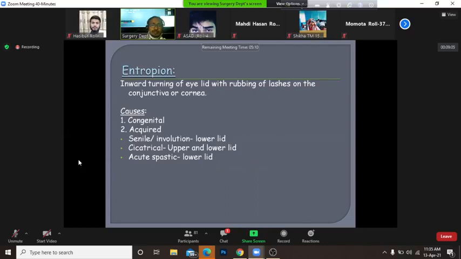Draw and label the structure of the eyelid, and memorize the nerve supply of the eyelid. Especially name the nerves and muscles opening and closing the eyelids. Name the glands of the eyelids.